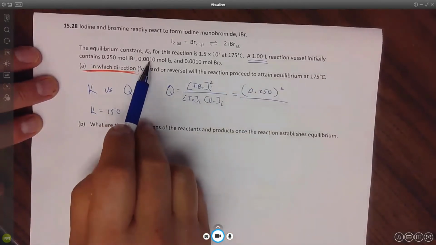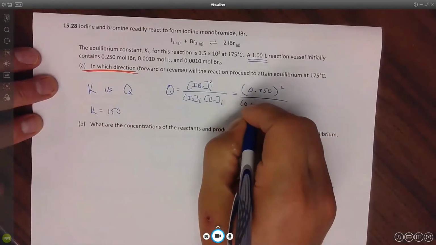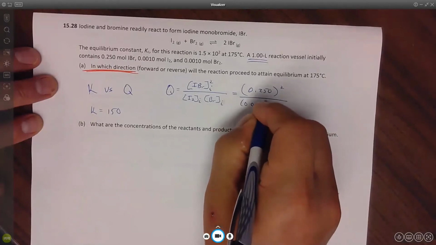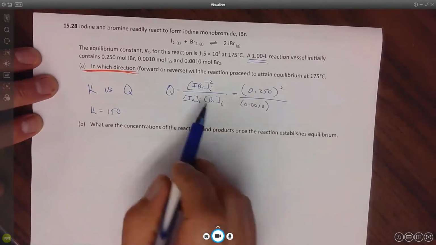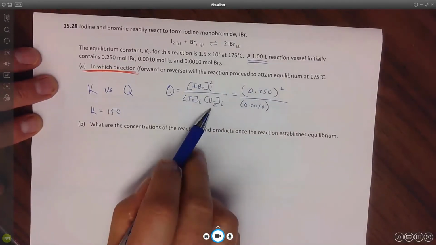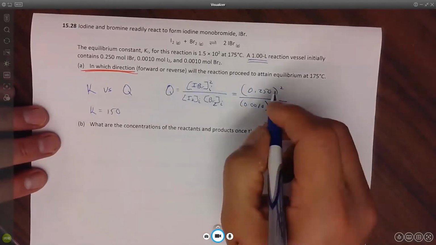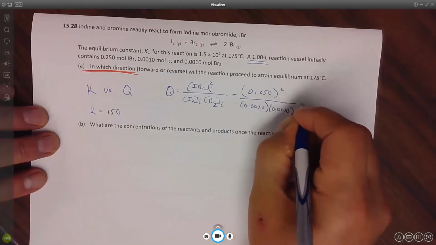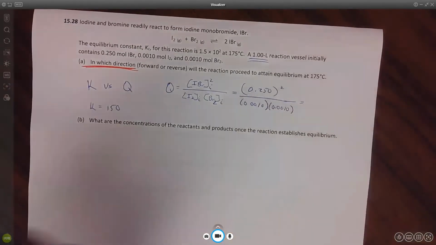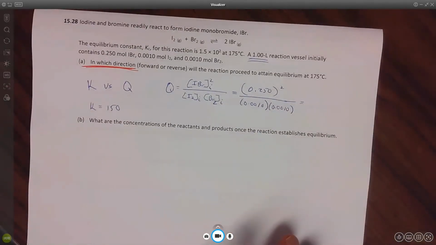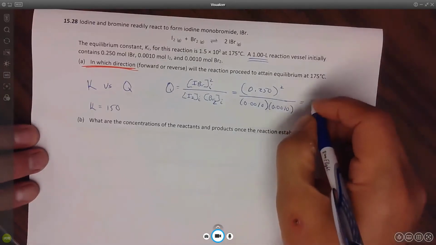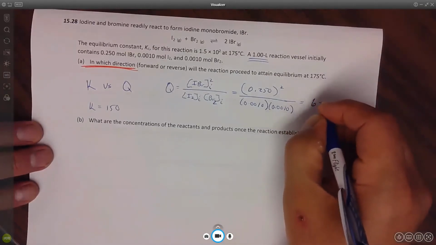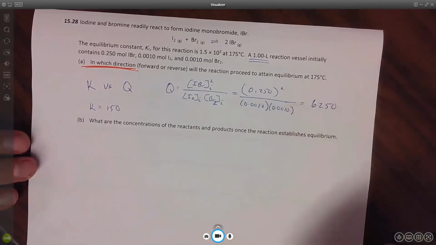The iodine was at 0.001 molar to the first, and the bromine was at 0.001 moles. So you just plug that into your calculator then, and you are going to get a value of Q then of 6250.